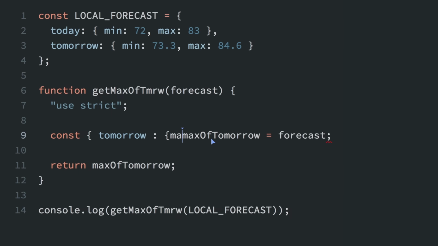So we'll do max, and then we have the colon and max of tomorrow. Now we need two sets of curly braces here. So we have this one and this one. And so we've destructured two times, and the variable is max of tomorrow. So we've set the max that was inside tomorrow to max of tomorrow. So if I run this, you'll see it's 84.6.